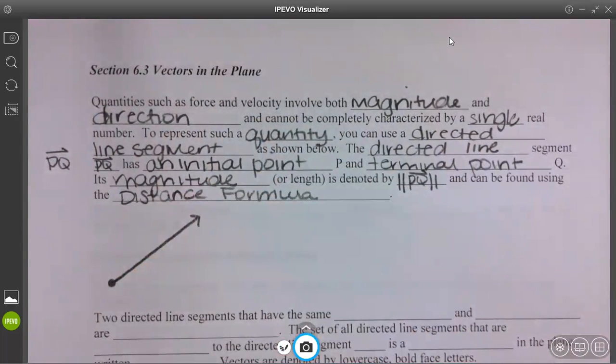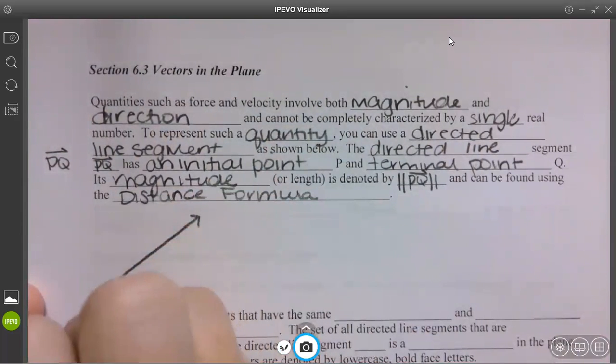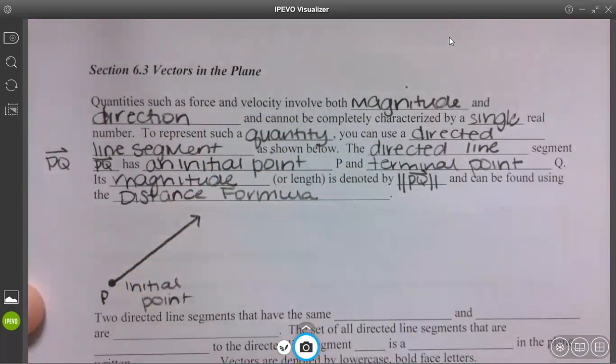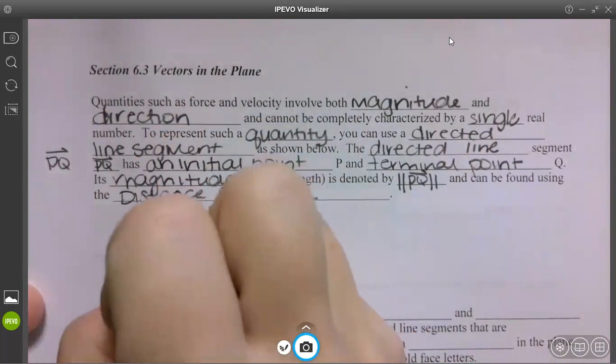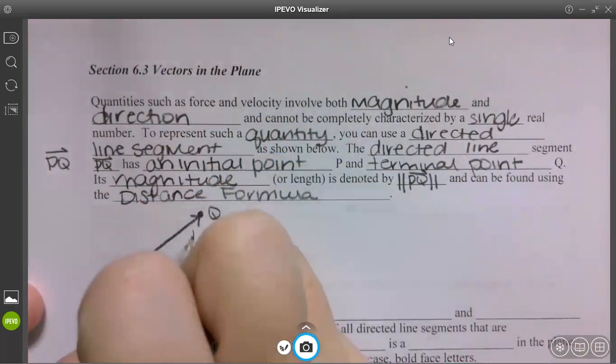So you're going to have a line segment. This will be P, or your initial point. And then you'll have point Q, which is your terminal point.